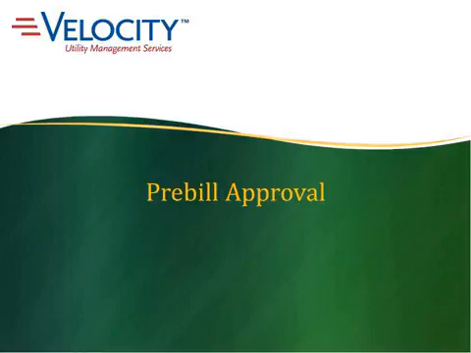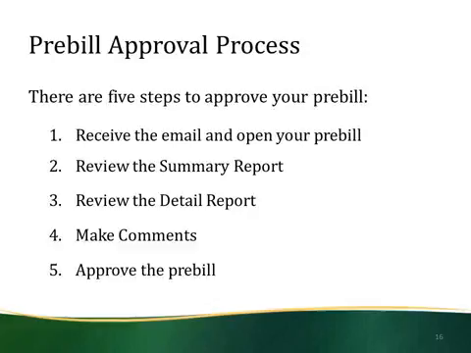In this next section, we will discuss the Prebill approval process. There are a total of 5 steps to complete your Prebill. Step 1 is our notification to you via email. When you receive the email, review it for important details, and then open OneSite to begin the approval process.